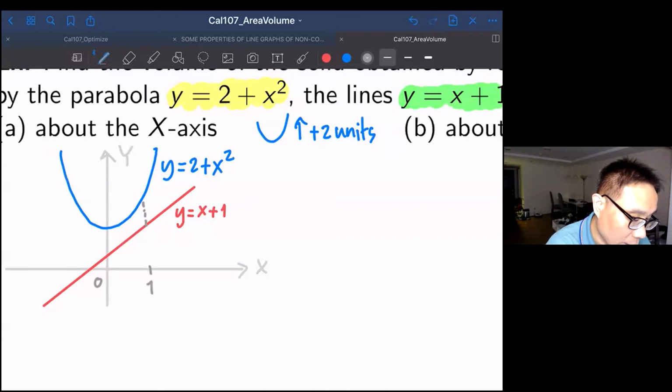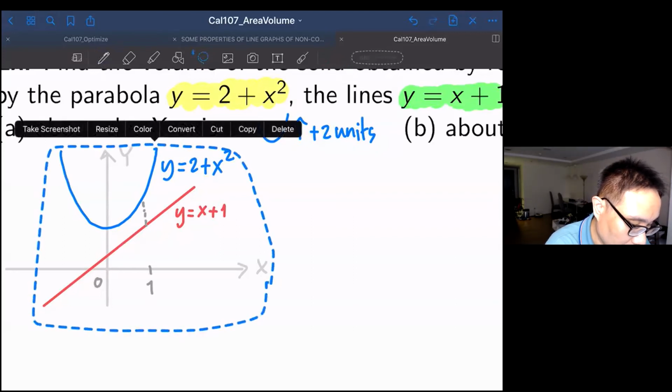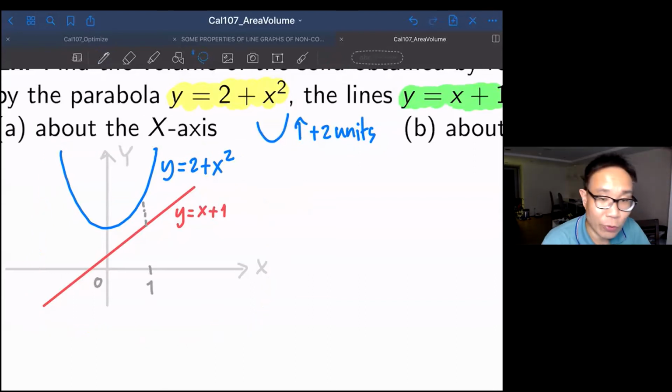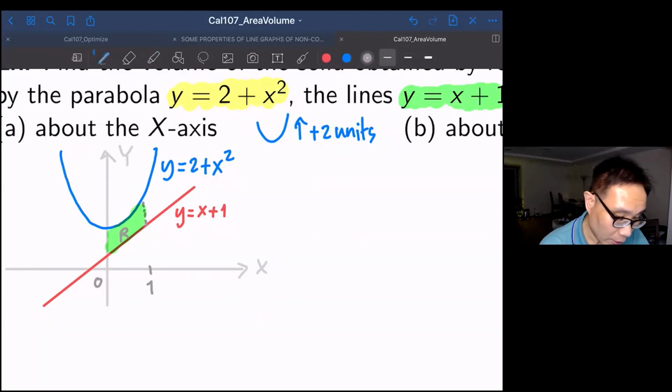I'm going to copy this first before I ruin it, because we're going to need it for part b. So you see the region turned out to be this green area here. This is the region R that we are going to rotate.